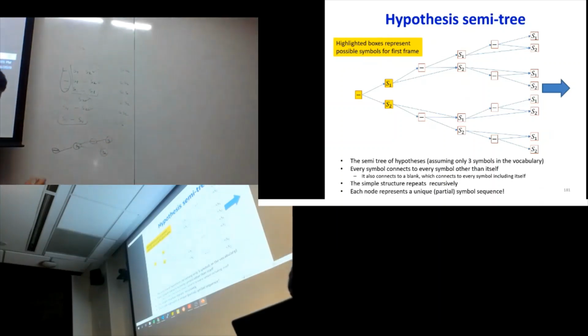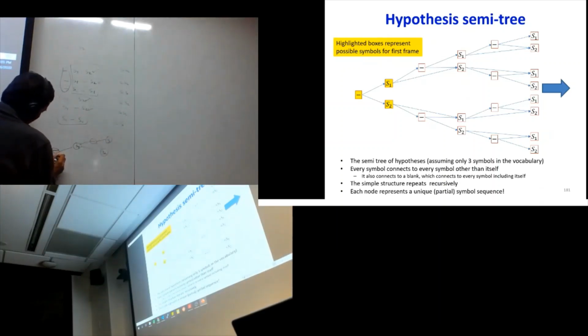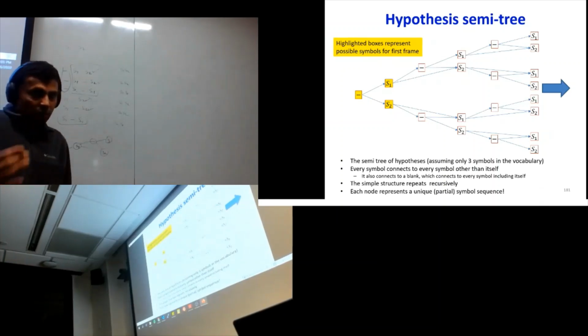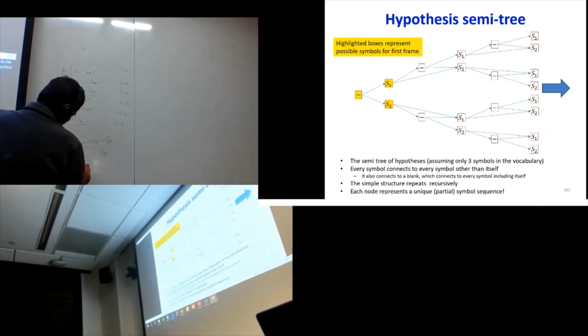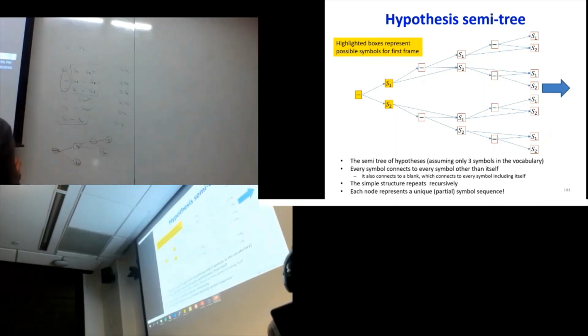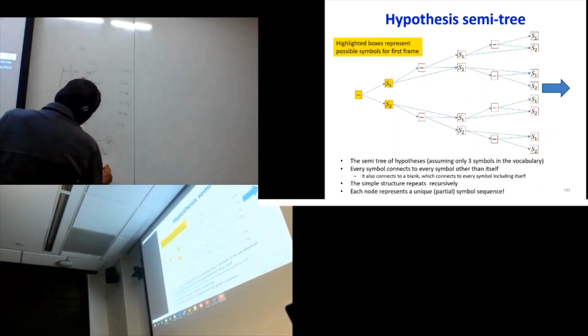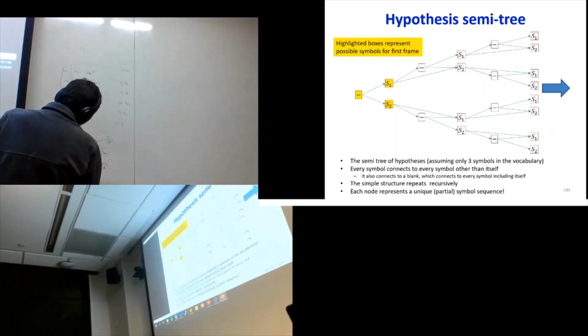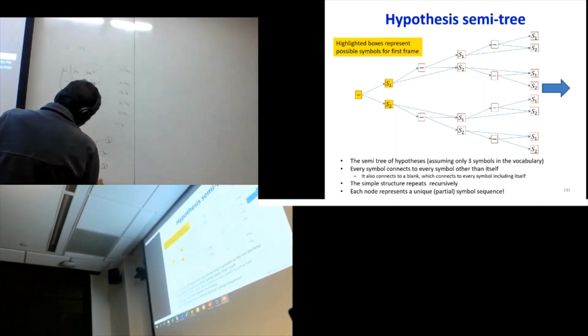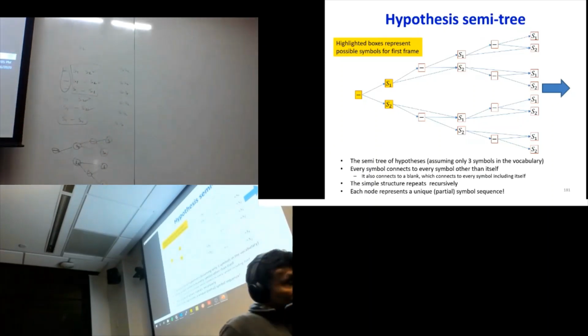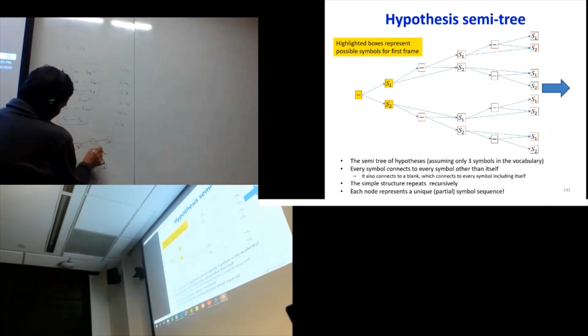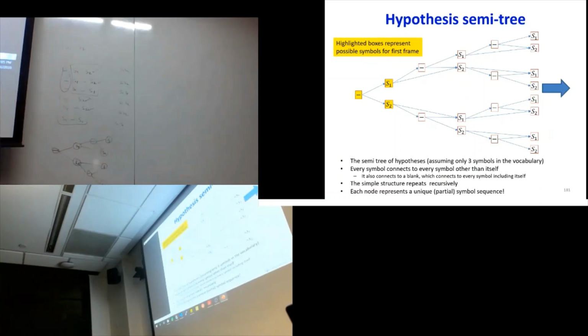I can do the same thing going down, and if I wanted to consider all possible two-long symbol sequences which begin with S2, my first symbol could be S2. Then the next symbol could be an S1, or I could have a blank S1, or I could have a blank S2. This little tree-like structure is not really a tree, because it's directed, but here you have this thing folding back, and so you have two incoming edges into this node.